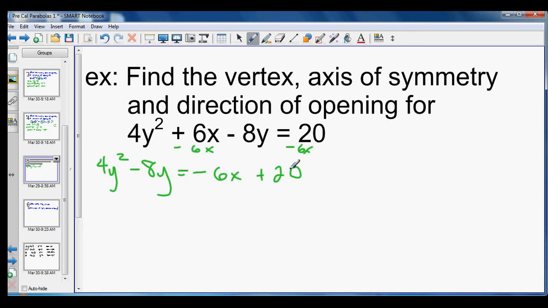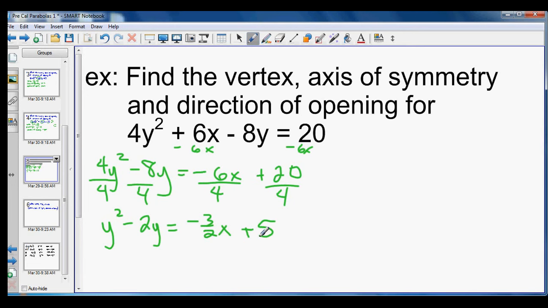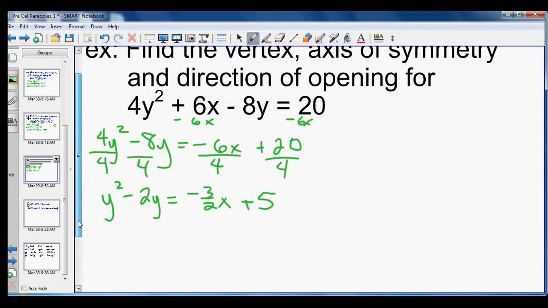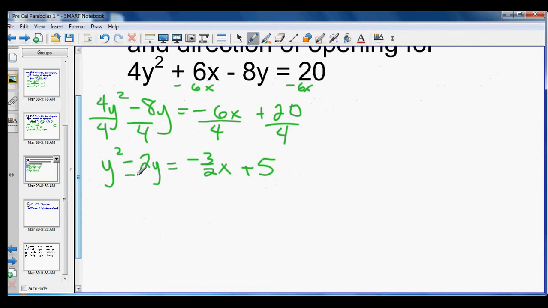And now I need to complete the square. I take the number in front of the y, divide it by 2, that's -1, square it, that's +1, and add that to both sides. And then I need to factor y squared minus 2y plus 1.